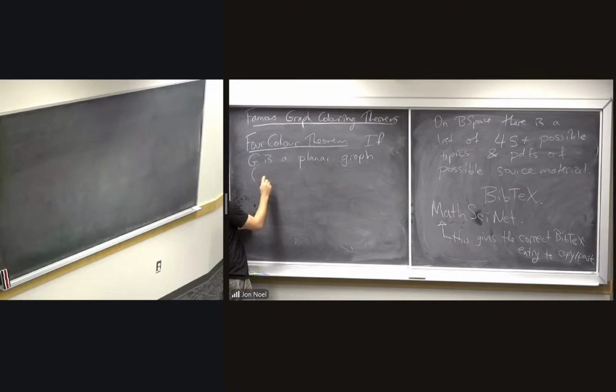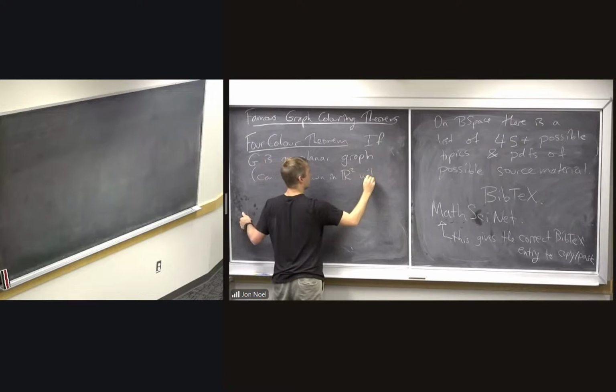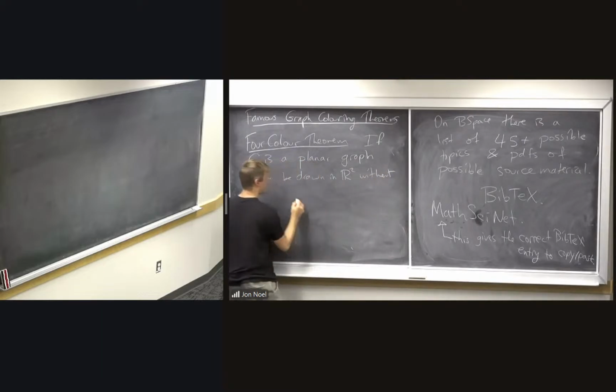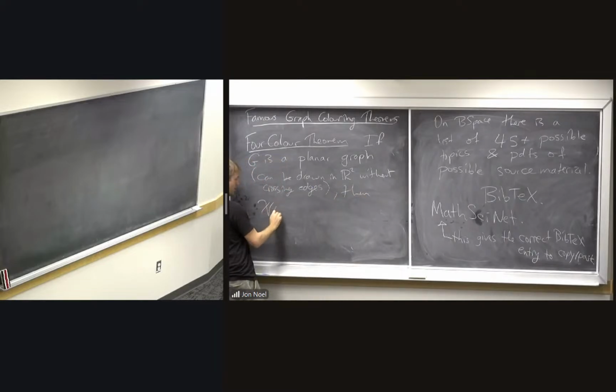So planar graph just means can be drawn in R2 without crossing edges. Then the chromatic number of G is at most 4.